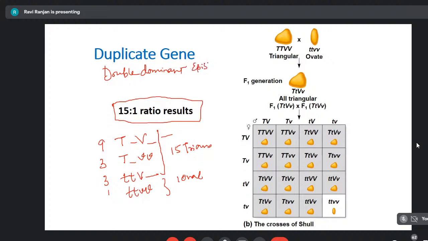They represent double dominant epistasis. Duplicative, I have said, means both of them are performing the same function, right? So whether they are present alone or together, they present the same function. The ratio for duplicative gene is 15:1.